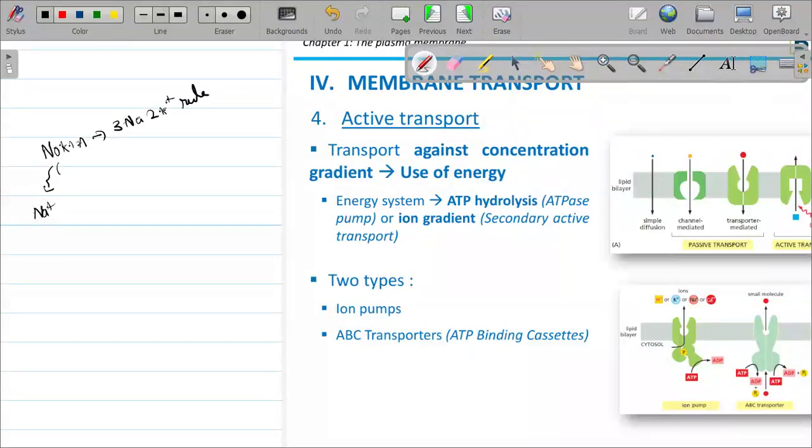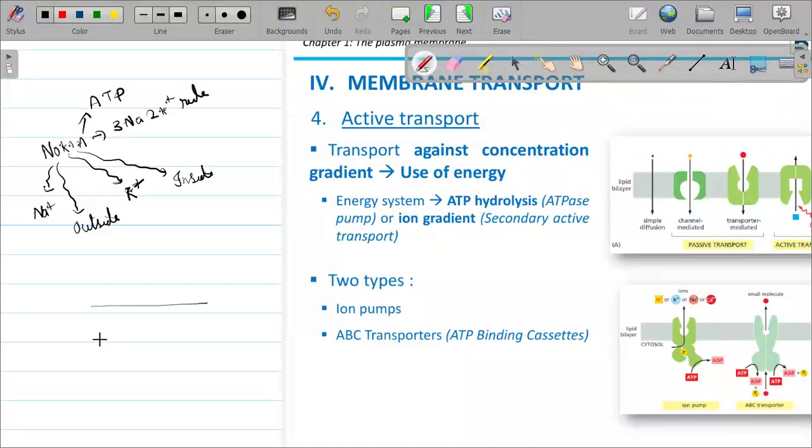The sodium has to move outside the cell. K+ has to move inside the cell by utilizing energy in the form of ATP.